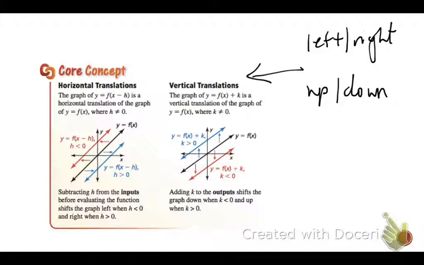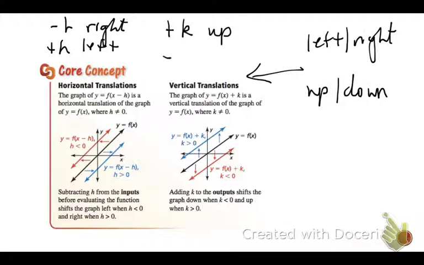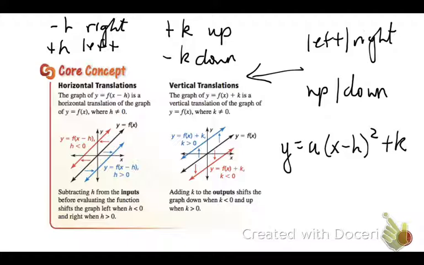So for horizontal, we're going to subtract h, and that will shift the graph right, and then add h, and that will shift the graph left. For vertical translations, it's that value at the end, called our k value, up and down. And you will need to review and memorize where these values are, where they can fall in any function. So the a value is at the beginning, the h value is right in by the input, and the k value is at the end.